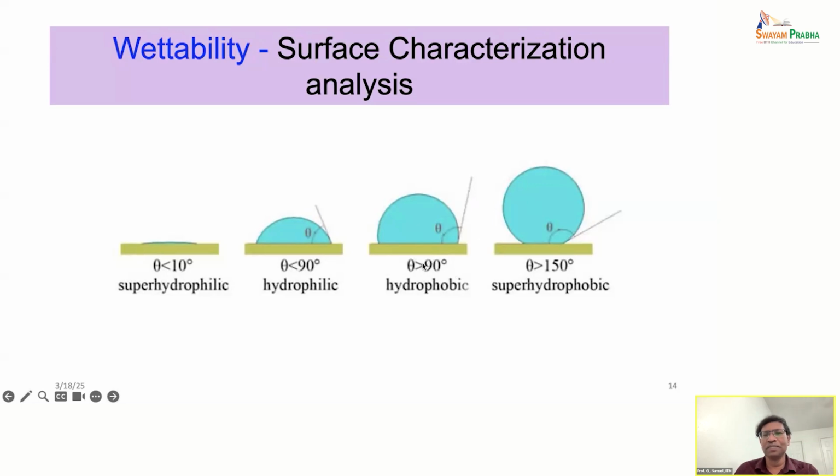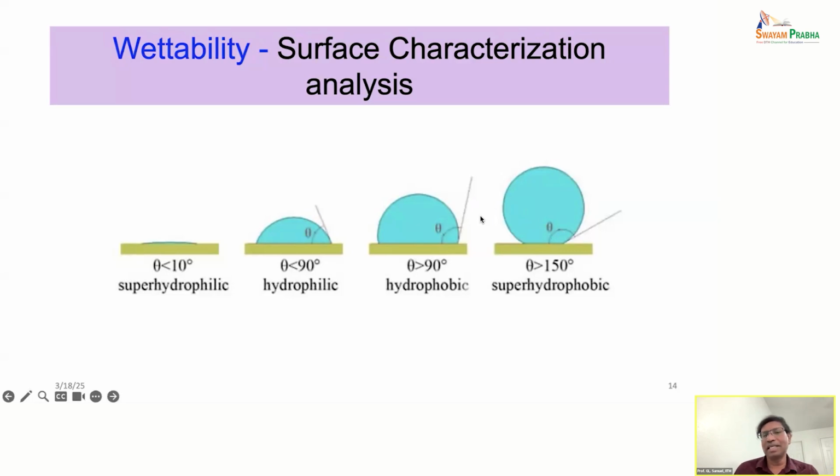Hydro is water, so when you put a droplet of water on the surface, it doesn't wet and the angle will be greater than 90 degrees. Generally, if it is a super hydrophobic surface, the contact angle will be more than 150 degrees. In that case, we will be able to make a surface which will not get wet. Why we need that, we are going to see a little later.